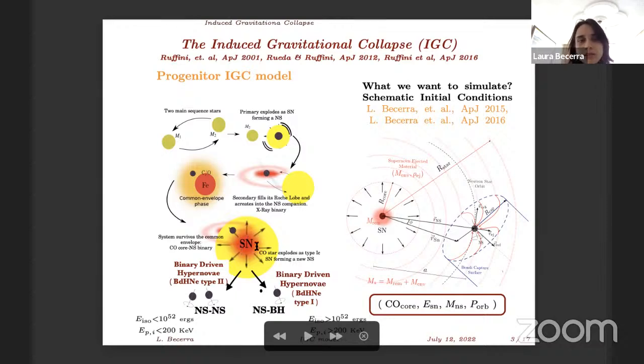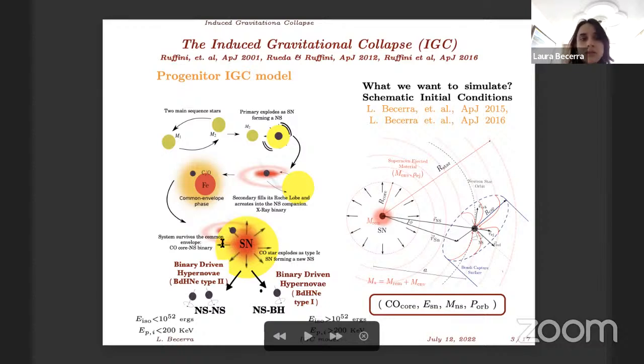The ejecta will trigger a hypercritical accretion onto the neutron star, and if the system is close enough, the accretion on the neutron star could be high enough to make the star reach its critical mass and collapse into a black hole with the emission of a GRB.